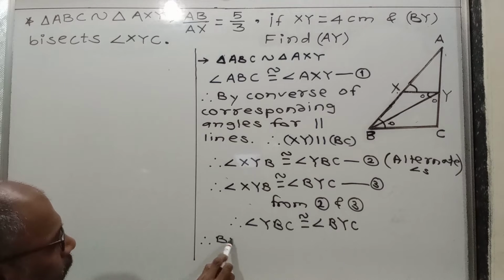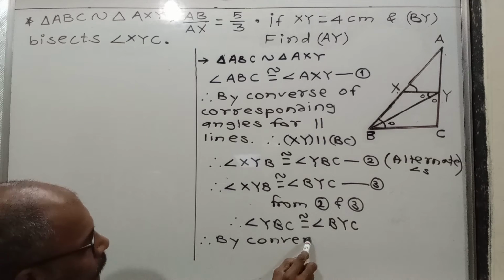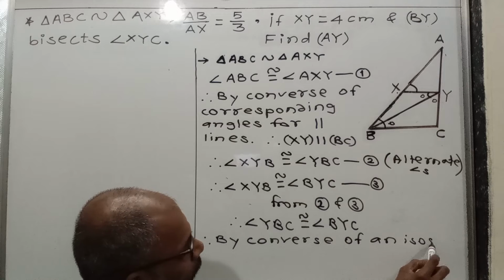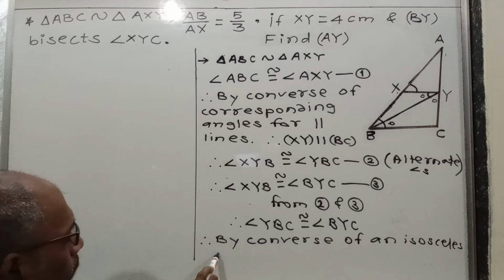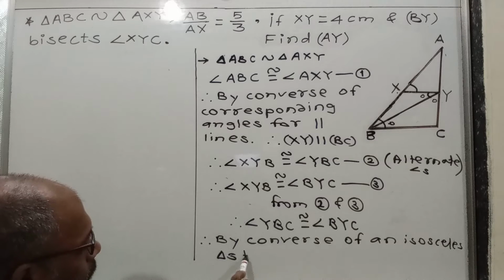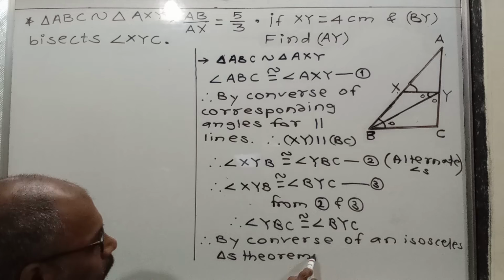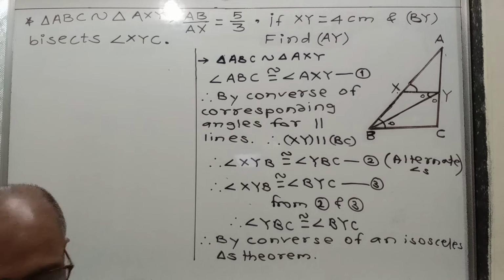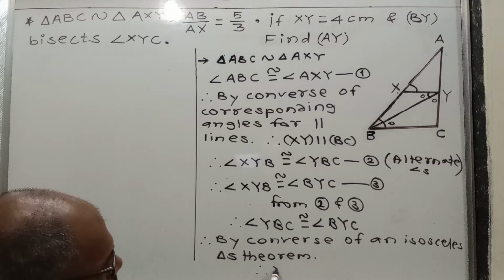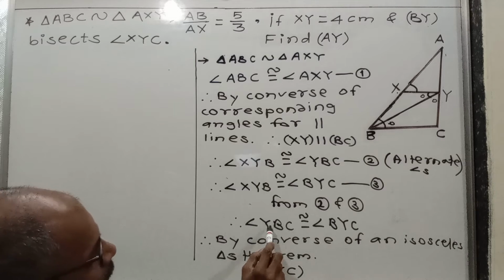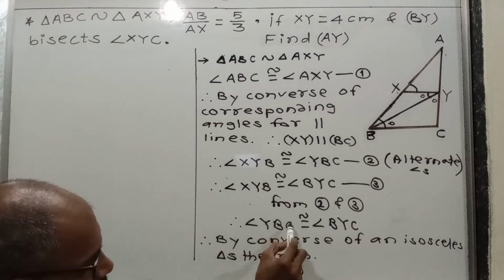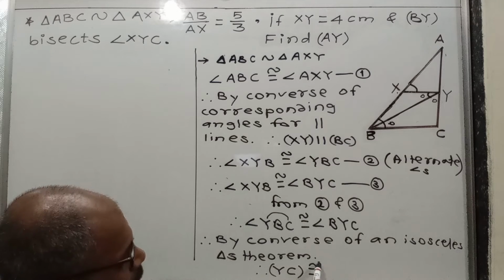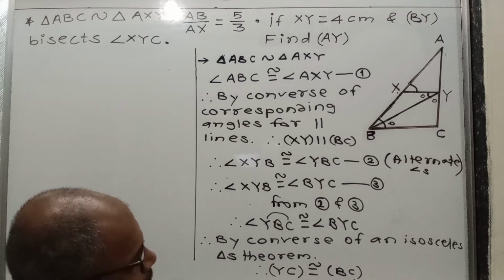If these two angles are congruent, then by the converse of the isosceles triangle theorem, if these two angles of triangle BCY are congruent, then the side opposite angle B, that is YC, is congruent to side BC.